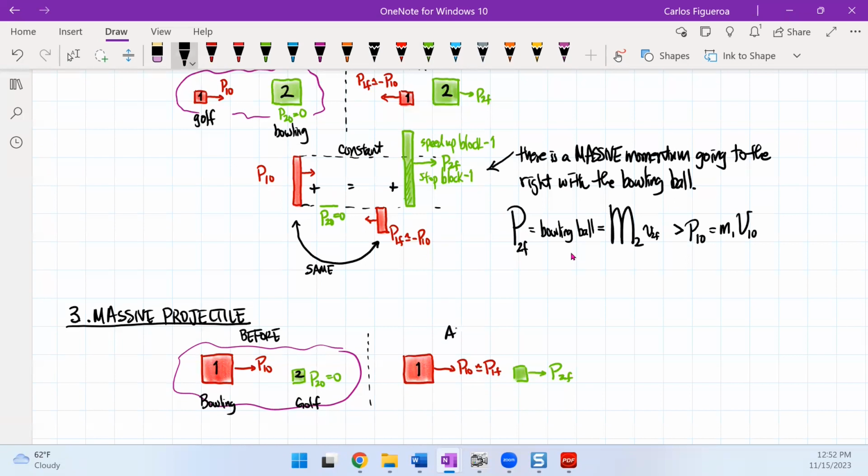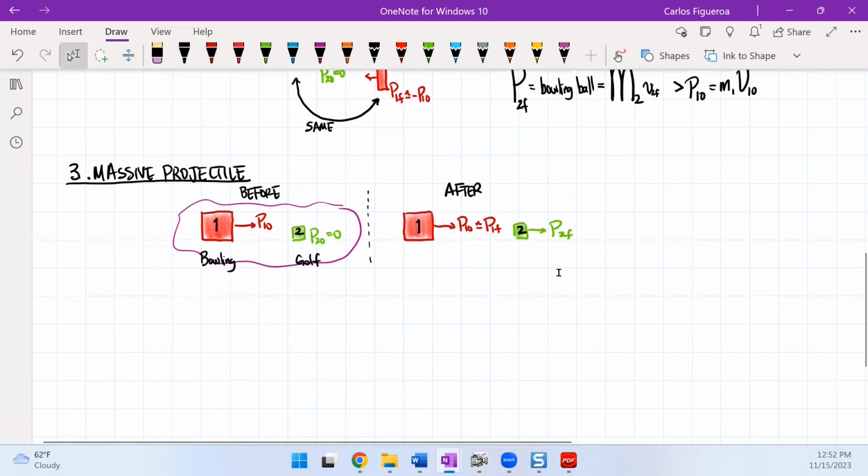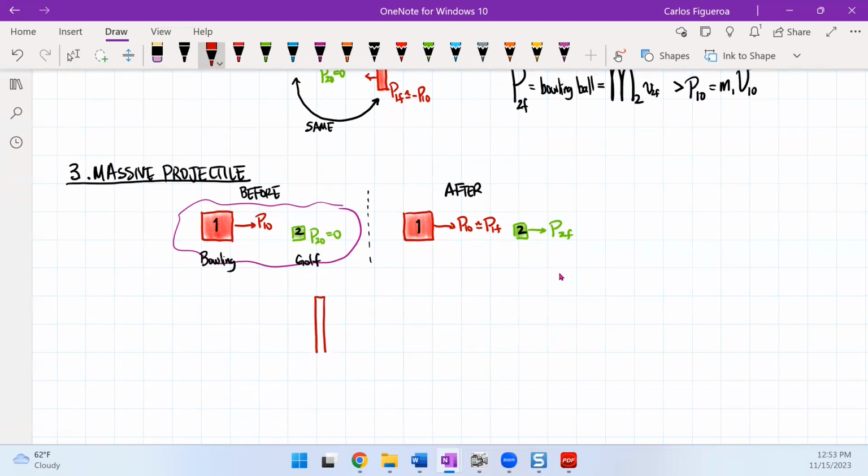There's a couple of things that we want to ask here. The question is this: do we know anything about the speed of the golf ball? Not really. But there are ways that we can look at it to get a sense of it. But what does the bar diagram actually tell us before we move on? When I look at the bar diagram, it's telling me I have this amount of momentum.